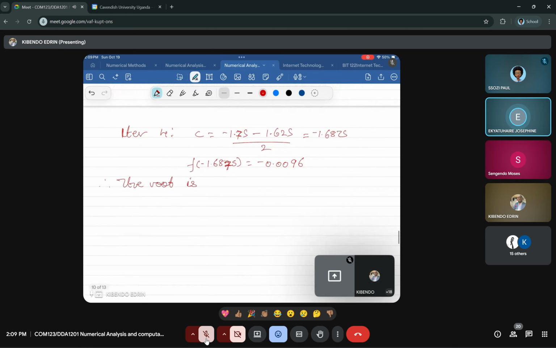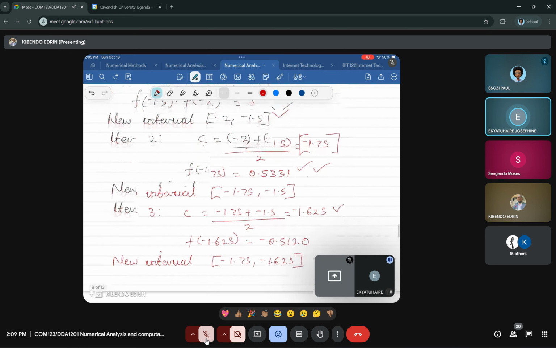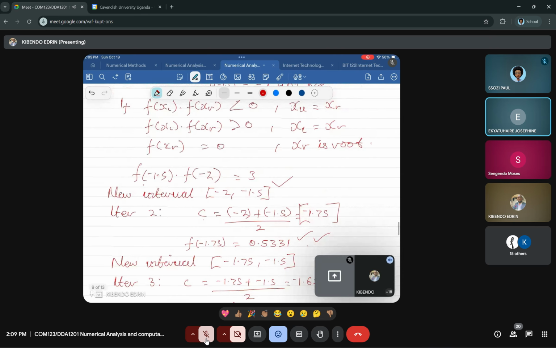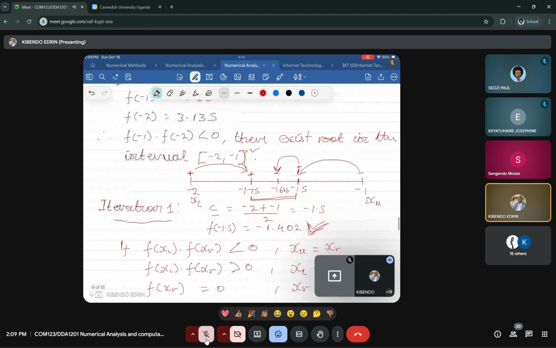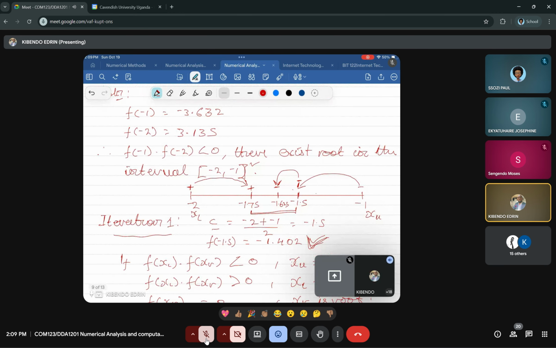Edwin, I'm sorry, why did we choose the -1.75? Okay. Back to the top. We were given this. This was the first interval, right? -2 and -1. And we are saying the root assumes a value somewhere between these two figures.